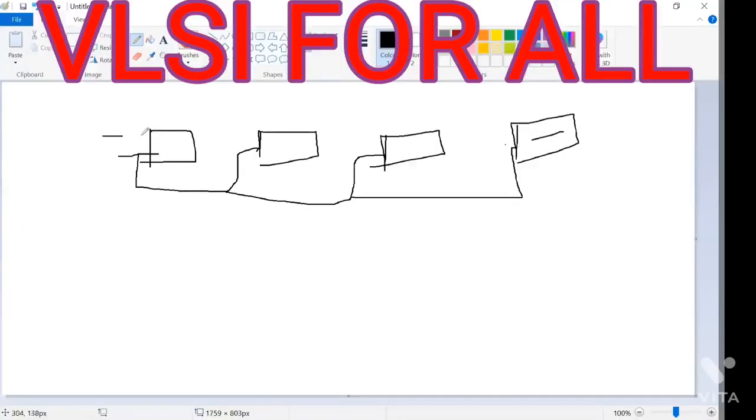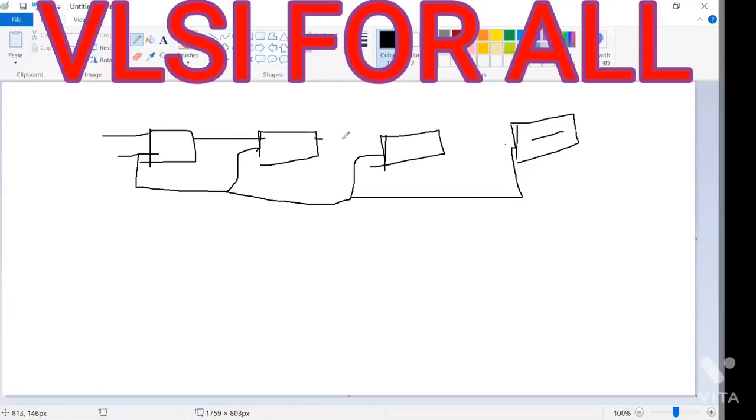So we have 4 flip-flops in the shift register. We have the clock going into all the flip-flops, and we have data.